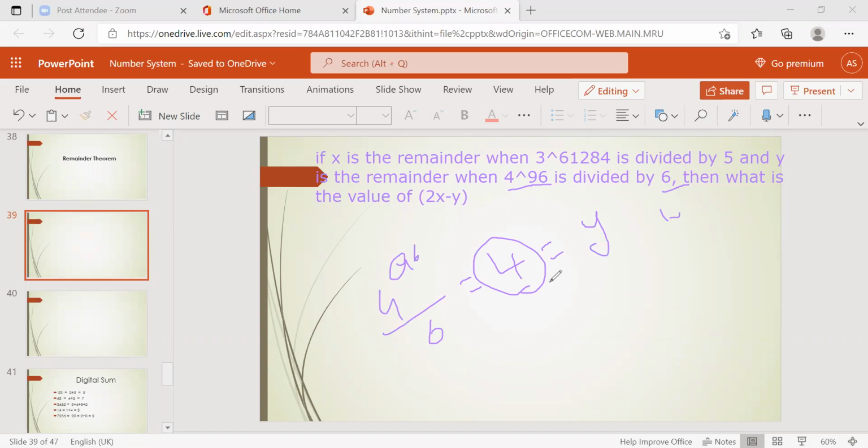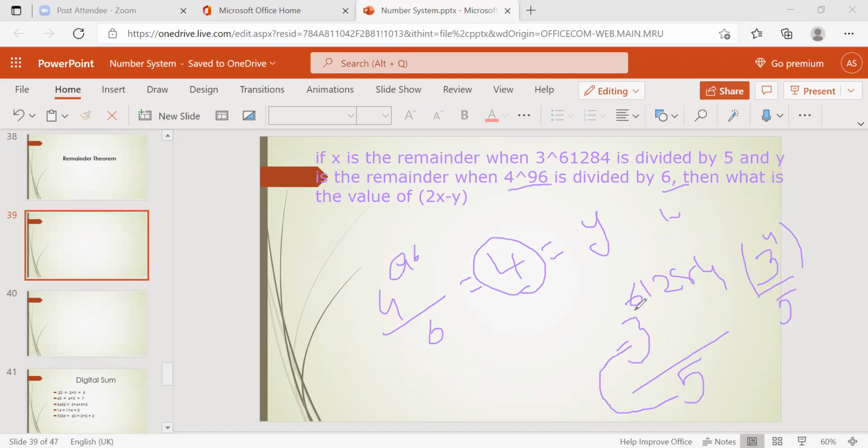Now what about the x value? Now what's the x value? 3 power 61284 by 5, right? By 5. On seeing it, we see a prime number and a prime number, so these two are co-primes. So apply Fermat's theorem. What is it? 3 power 4 by 5, the remainder will be 1.